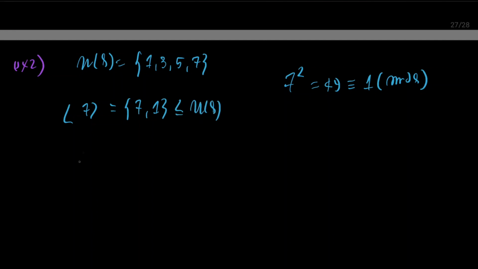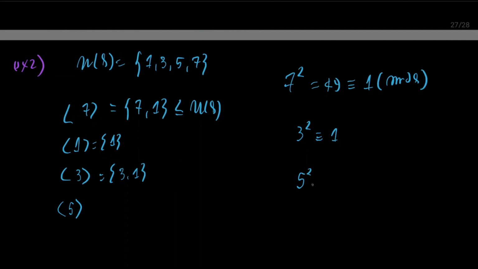Now 1, as we saw earlier, is just 1. Then 3 squared is 1 mod 8, meaning that again the subgroup generated by 3 is just 3 and 1. And 5 squared is 25, which is congruent to 1 mod 8, because it is 24 plus 1. So the subgroup generated by 5 is also 5 and 1.